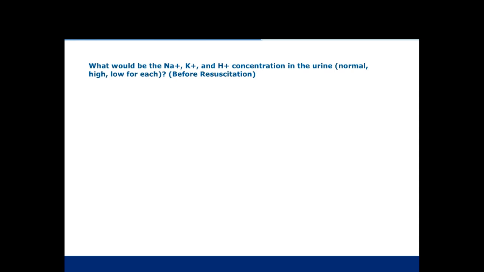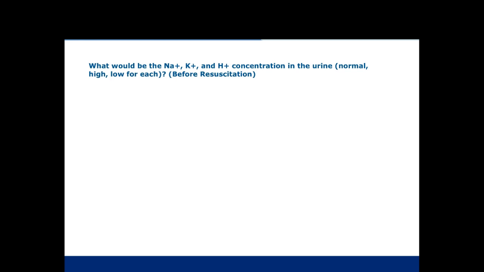So what would be the sodium and potassium concentration in the urine? Now, this is before resuscitation. So I want you to look at the co-transporters, what we talked about, what their electrolyte abnormality is, and just think about it. So obviously, if they're hypovolemic, water follows sodium, right? So sodium is going to be decreased because you're trying to conserve it, right?